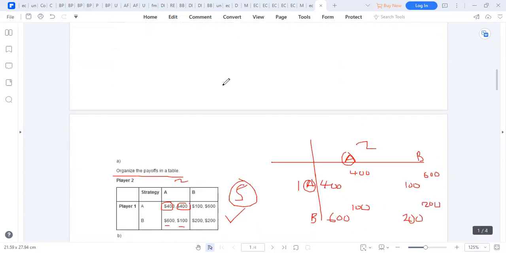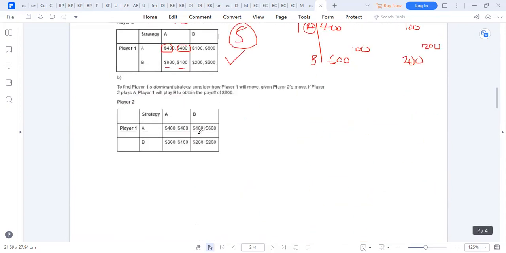So who is making more at what play? To find player 1's dominant strategy, we need to consider when player 1 will make a move and he will obtain a higher payoff.